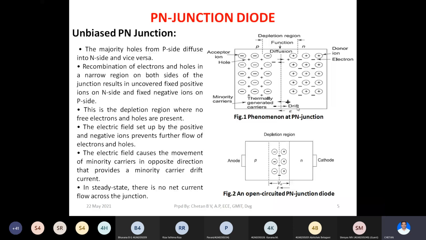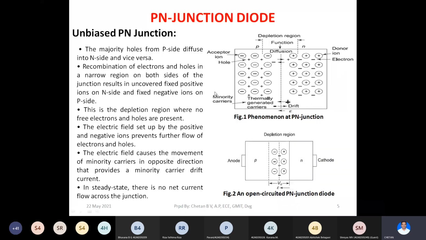This electric field will avoid further movement of holes from the p side to the n side, and movement of electrons from the n side to the p side. But what this electric field will help is the movement of minority carriers. The minority carriers in p type are electrons, so electrons can move towards the n side, and the minority carriers in n type are holes, and holes can move towards the p side.